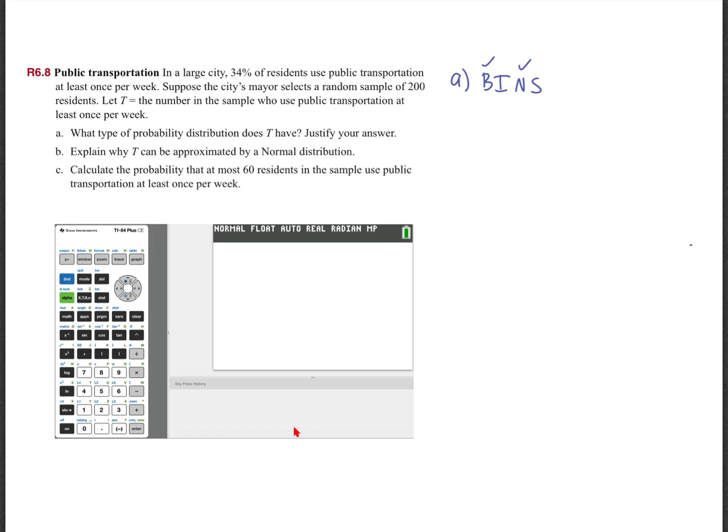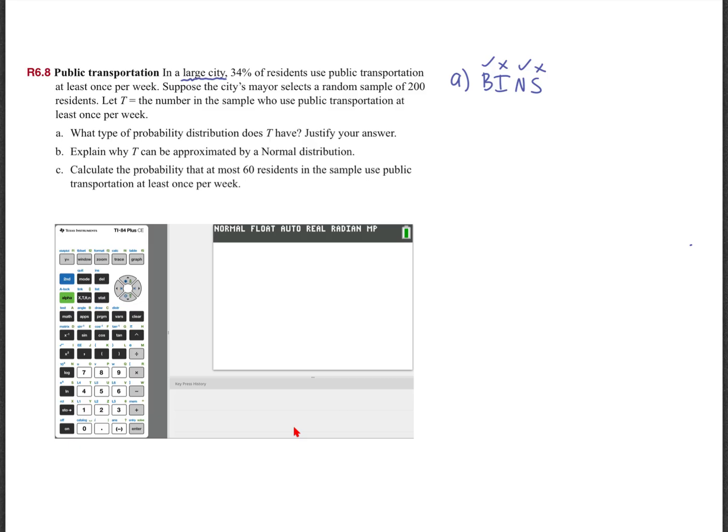Okay, and then the fact that we're selecting a sample, when you're selecting people, you're not replacing them and then selecting someone else. So it won't pass independent, which means it technically won't pass the same probability condition. But let's see if it passes 10%. The fact that they say at the very beginning it's a large city implies that there's more than 2,000 people in the city.